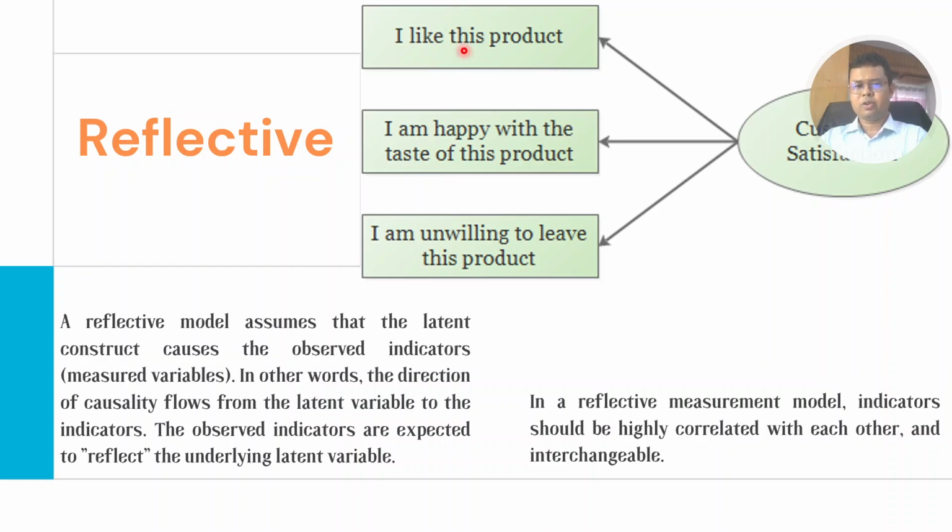If the factor loading is less than 0.7, it's not wise to take that item in the model.